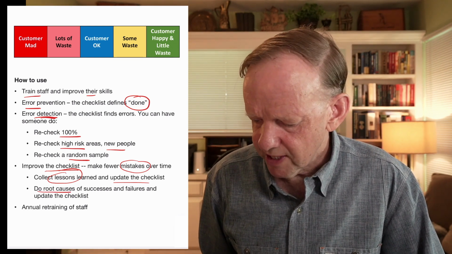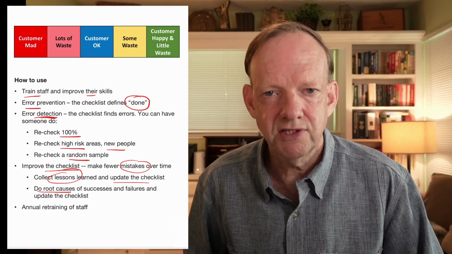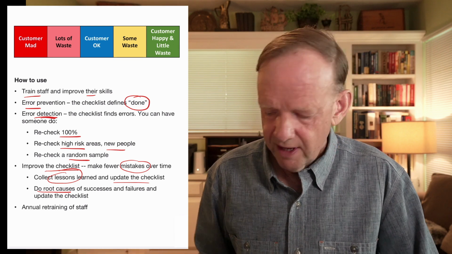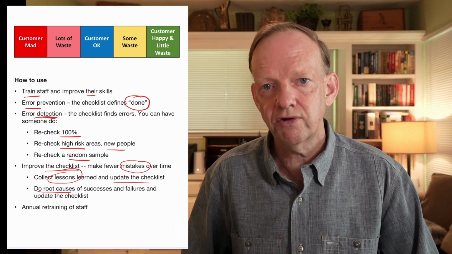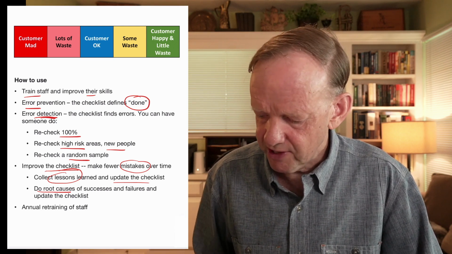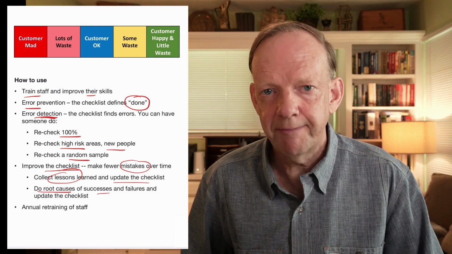Also, if there are mistakes you are making that are particularly chronic or particularly severe, you might just pause for an hour with your team and figure out the likely underlying causes. How do we get to the situation, and make sure some of the lessons learned in the checklist are actually captured.